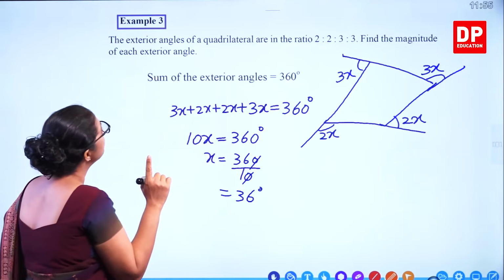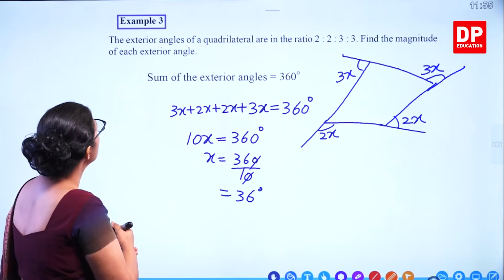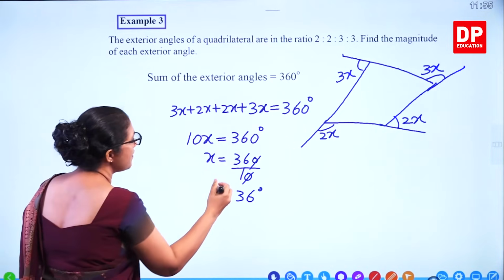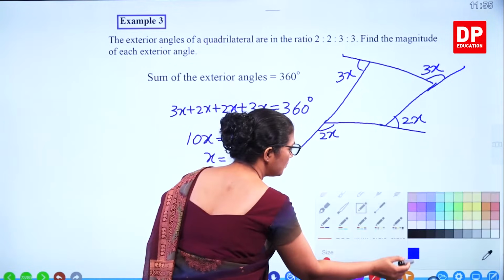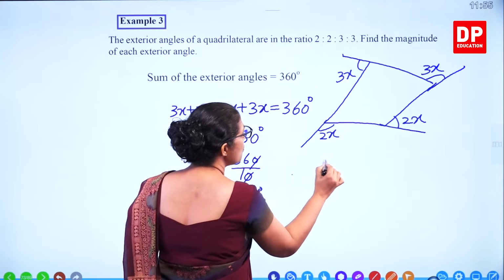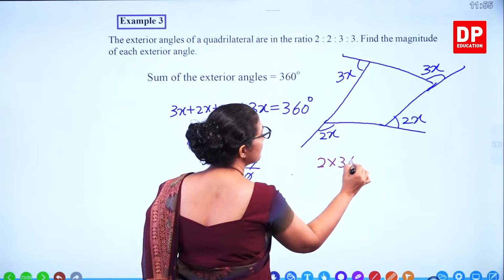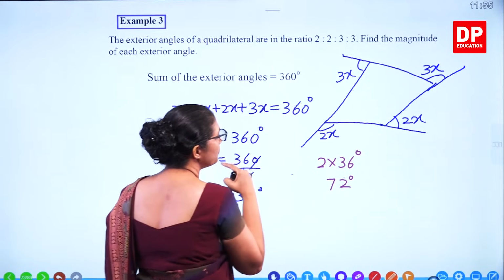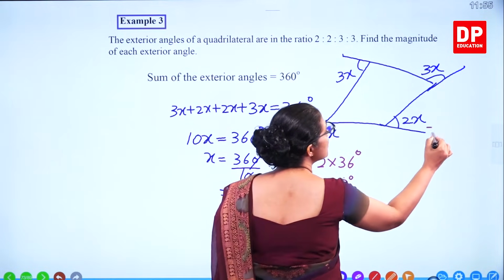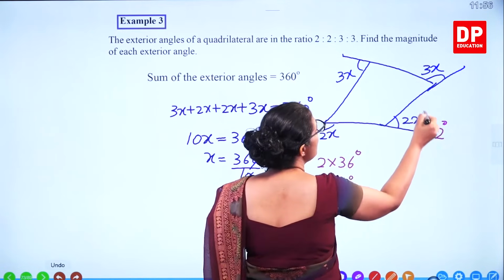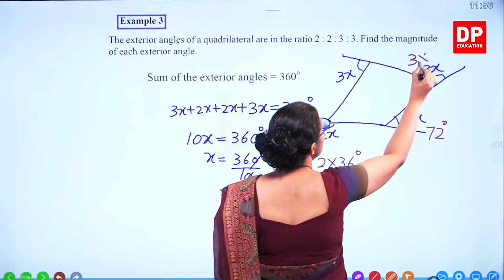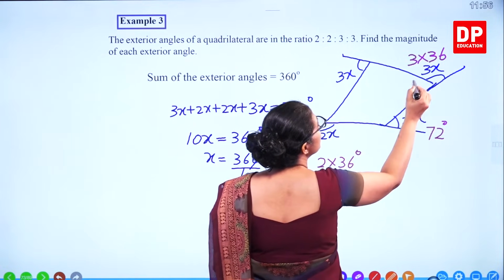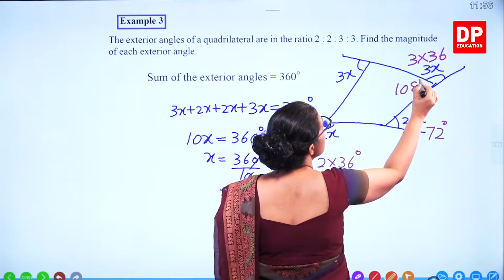Now we want to find the magnitude of each exterior angle. One exterior angle, we'll take this one, 2 times 36. That's 72. This is also 72. Now we need 3 times x. x is 36. 3 times 36, 108.